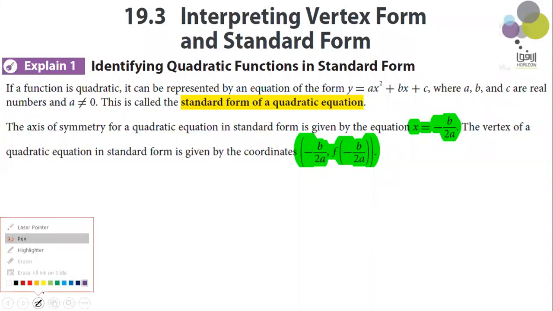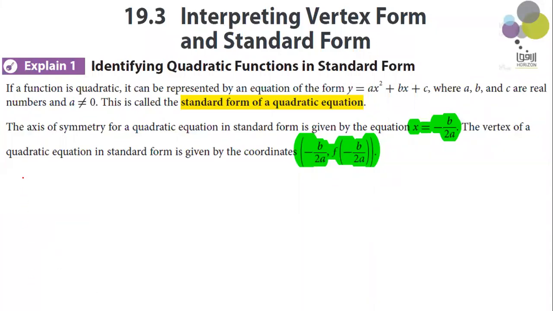What is vertex form? Like what we studied before, vertex form is y equals a(x minus h) to the power 2 plus k. We named this form vertex form because we can get the vertex easily, h and k, from this form. For example, y equals 3(x minus 2) squared plus 5.